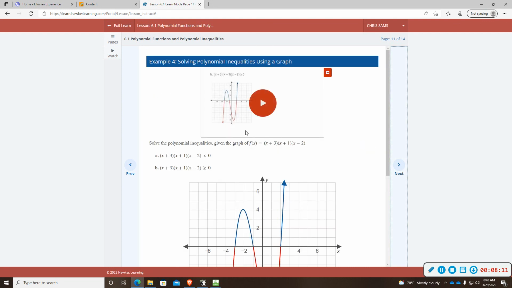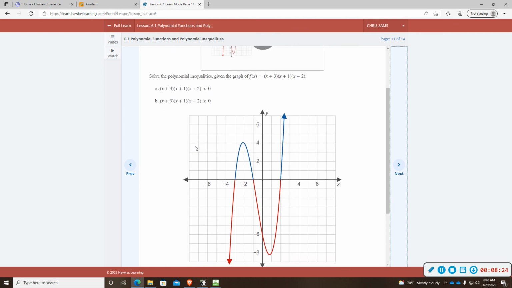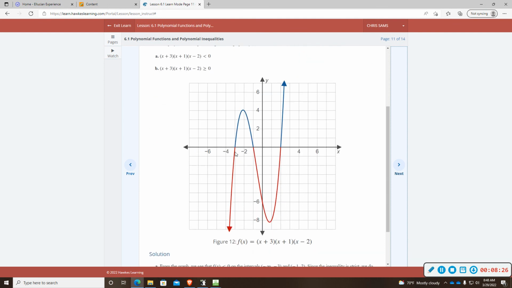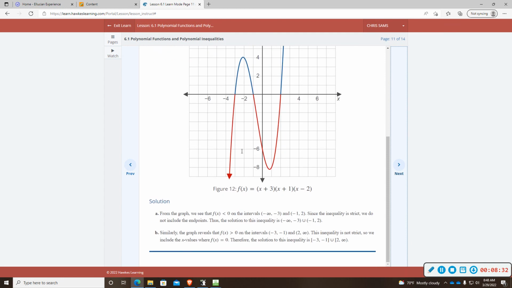So here's a little video, and then let's talk about what this is asking and how we'll do this. This is saying you have this function. We want to know where it is less than 0. In other words, where is it negative? And you can see in the picture, they have shaded in red the intervals where this graph is negative. Now there's a method to solve it, but you describe it based on the x-axis.